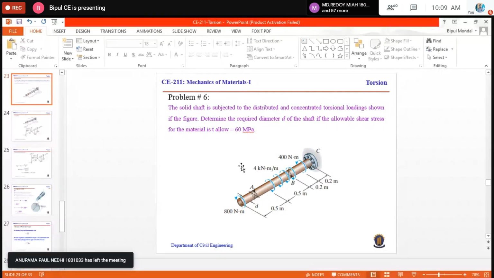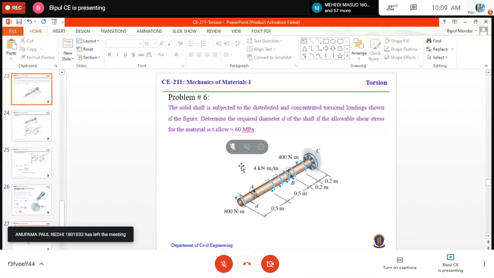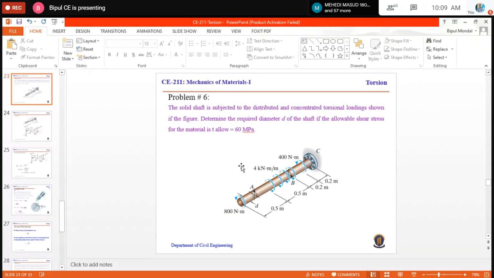So a bending moment diagram is a diagram that shows the variation of bending moment along the length of the structure. Or the shear force diagram, that means it is a diagram of shear force that shows the variation of shear force along the length of the structure.